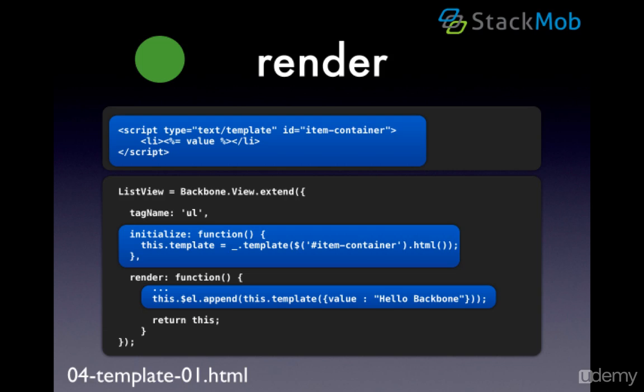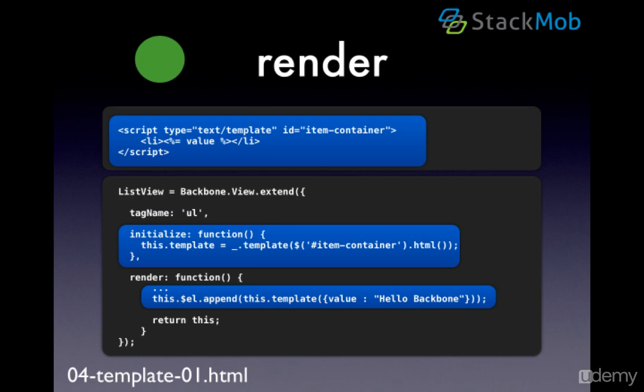And also I have my list element there displayed with an angle bracket, percent equals, and then whatever the value is that I'm passing in that I want to substitute. Now I have the word value. It could be name, it could be title, it could be age, it could be any key value pair that you have inside of a JSON object that you're passing into your template to be rendered.